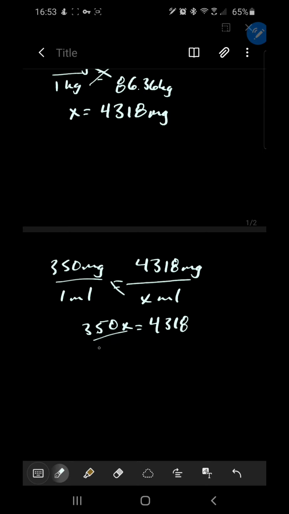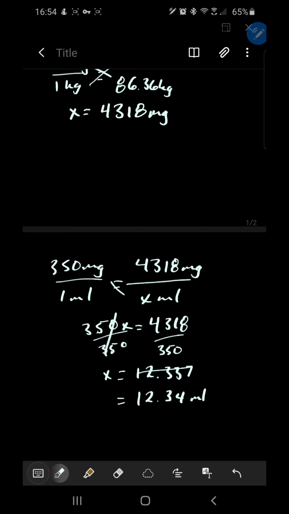Again, we want to isolate the variable by dividing by 350 on both sides. And that leaves us with x is equal to 12.337, and it just keeps going. But we're going to round to the hundredths place, and so x is going to be equal to 12.34 milliliters. And that is going to be the dose, or the amount of volume that we're going to have to withdraw from the vial and inject into our patient.